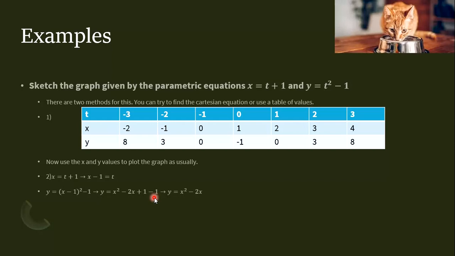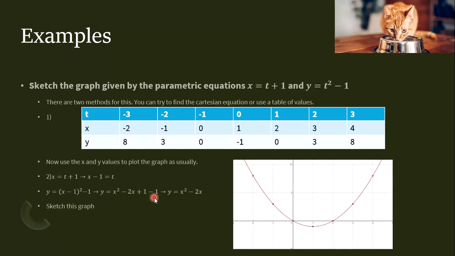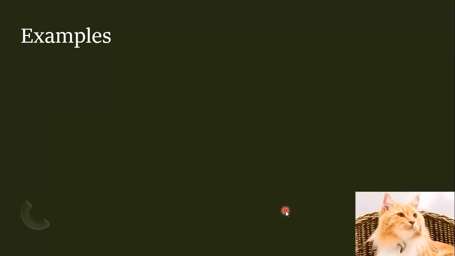Now you have a Cartesian equation, so you can draw it as you normally would. So you end up with a graph that looks like this. So the dots are the points from the table of values. The curve is just the curve.